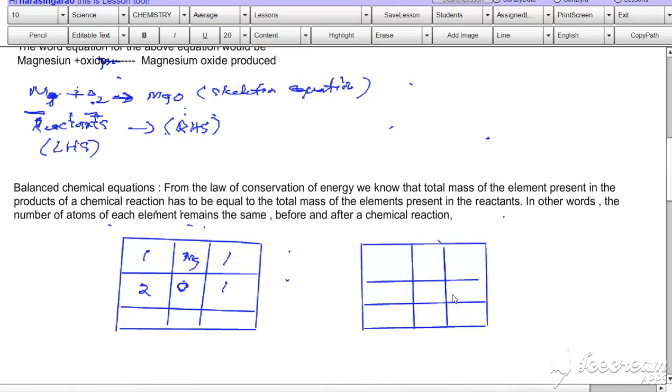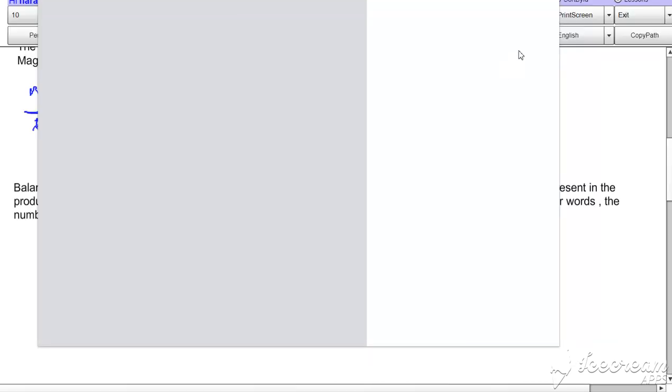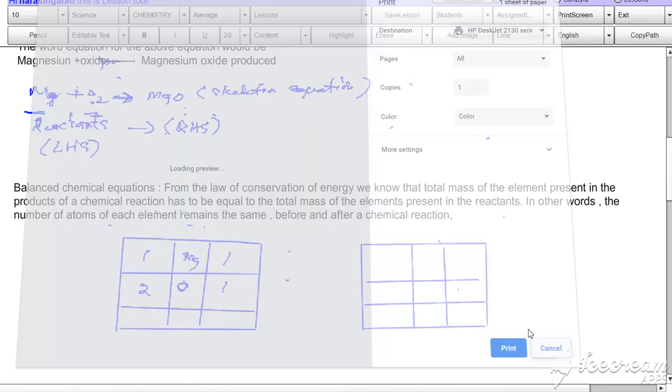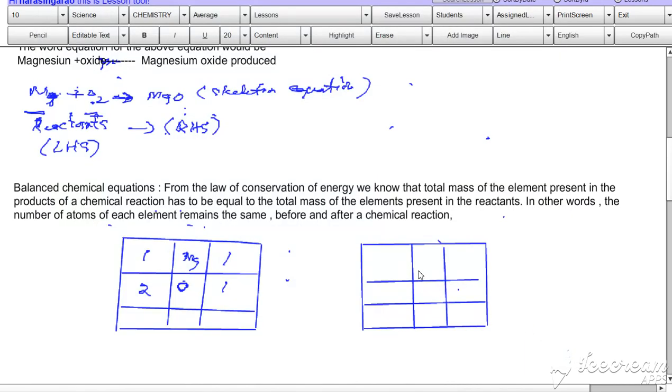So oxygen has to be made 2, oxygen is to be made 2, so next here it is 2 for O and 2.